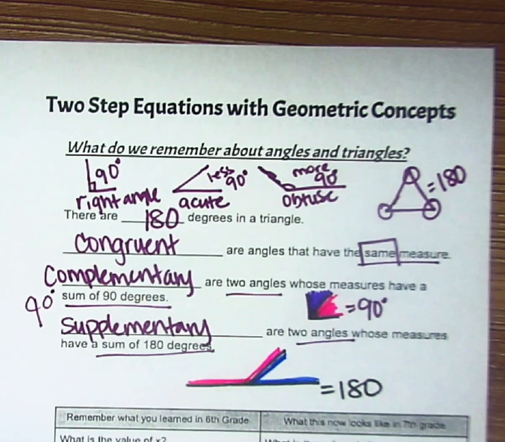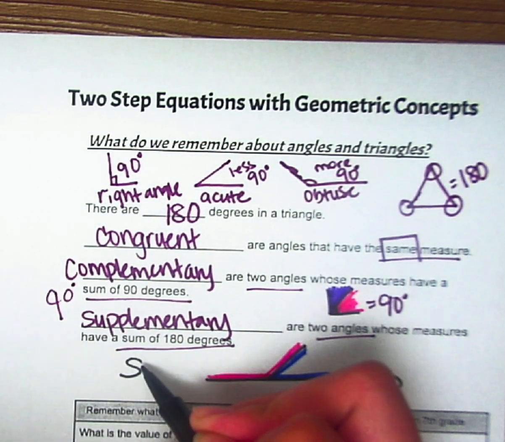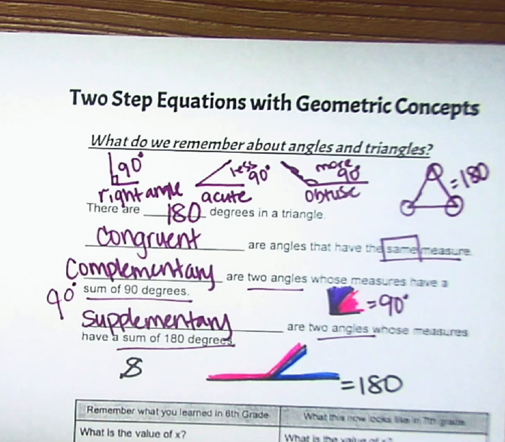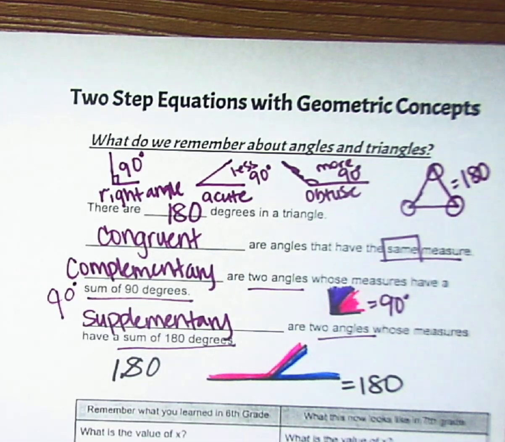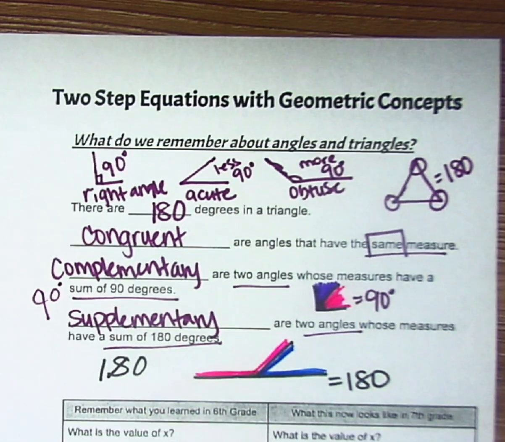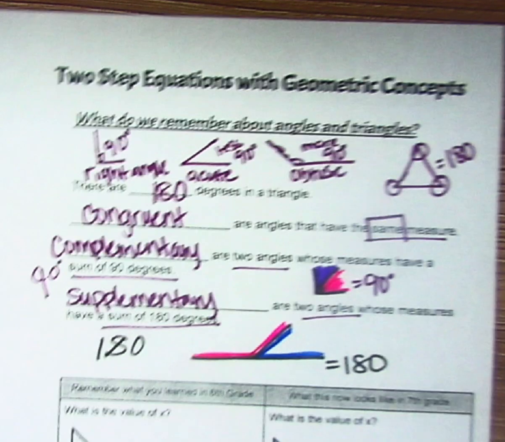And another way you could remember that is just take the S. If you draw a line and you close it, you get 180. So hopefully those help you to remember which one is the sum of 90 degrees, and which one is the sum of 180. So let's move on.